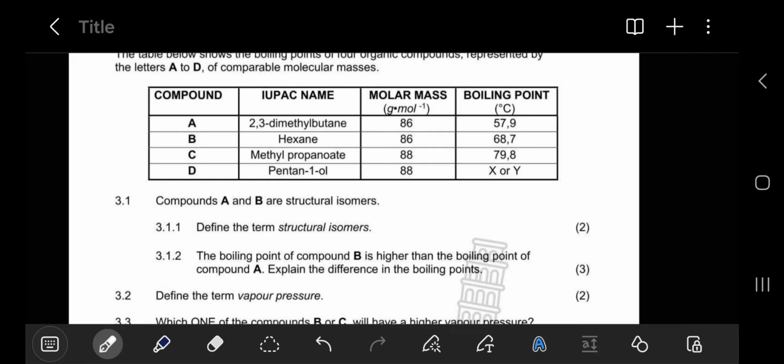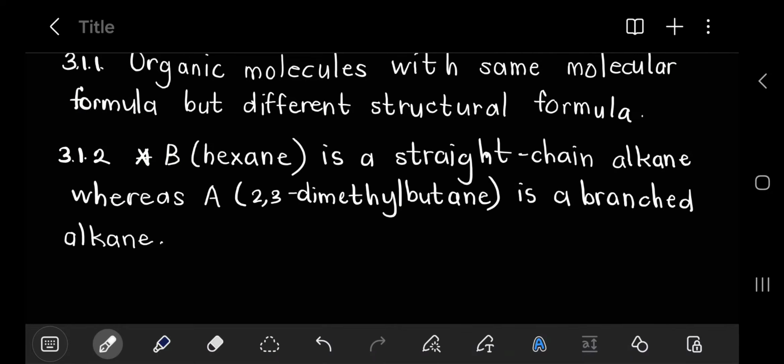So let's start off by mentioning the structure of these compounds first. I'm going to say compound B, which is hexane, is a straight chain alkane, whereas compound A, 2,3-dimethyl butane, is a branched alkane.